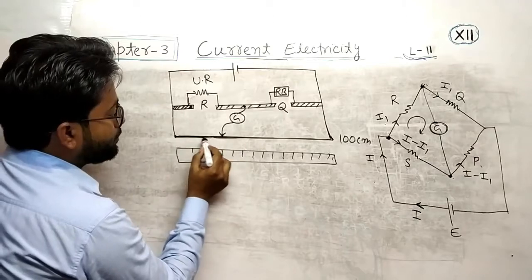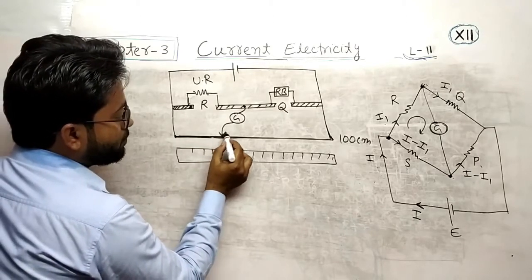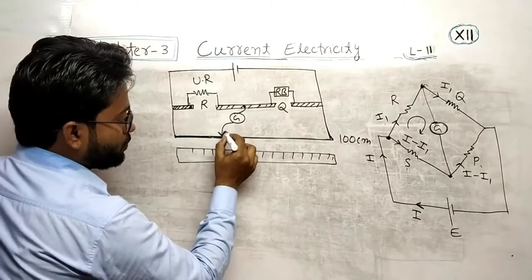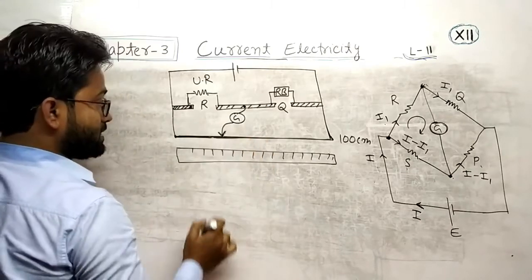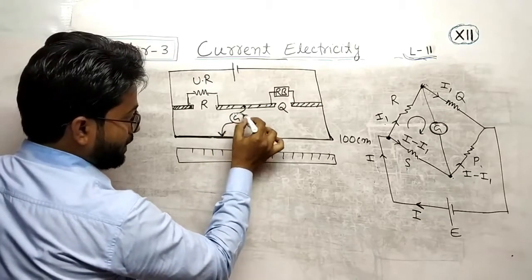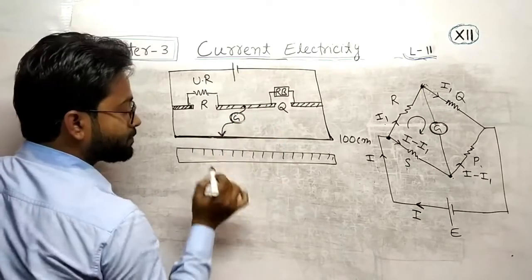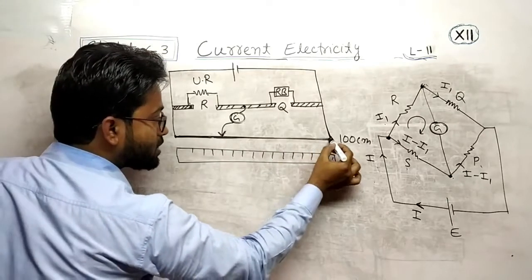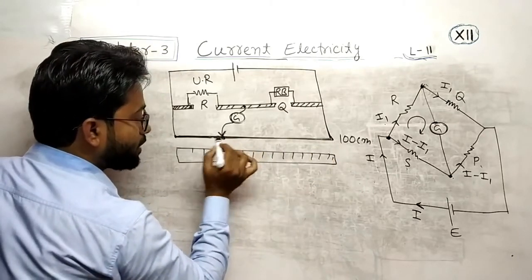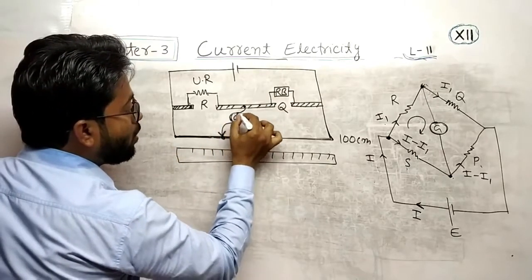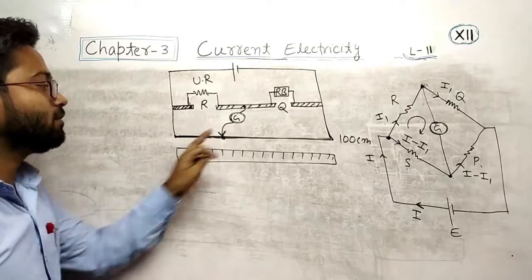If you slide this jockey on the wire, there will be some deflection in the galvanometer. At some particular point, let us suppose, there will be no deflection in the galvanometer.